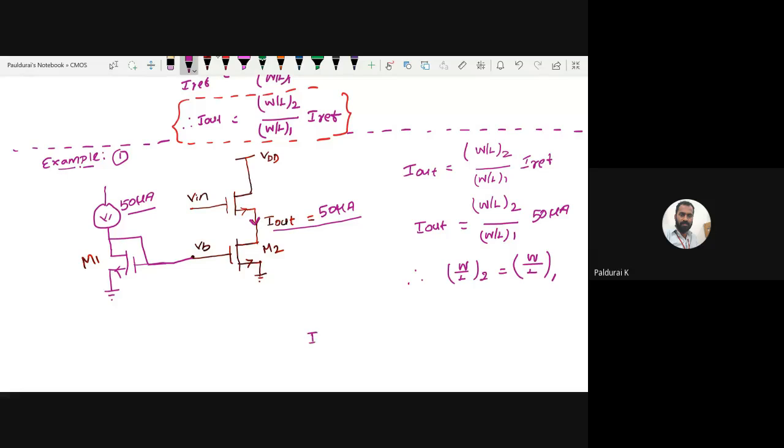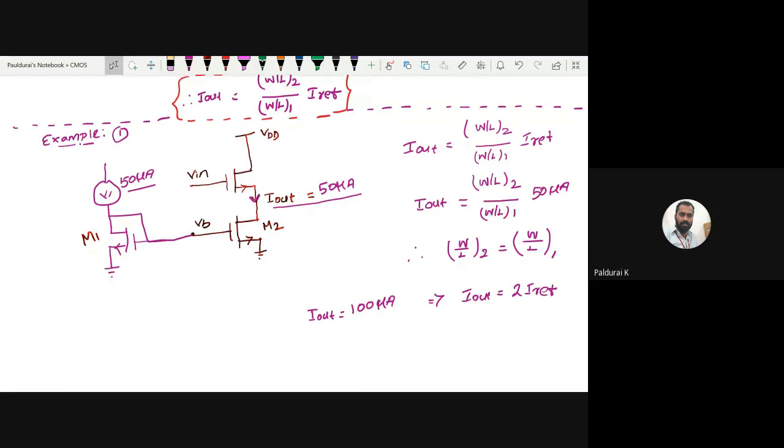Now I want my I out to be 100 microampere. For this, what is the condition? Anyone? 100 microampere means I want to generate I out equals 2 times I reference, right? What's the condition? What is the relation between this width to length ratio in order to get 100 microampere? Width to length ratio of second transistor must be 2 times width to length ratio of first transistor.